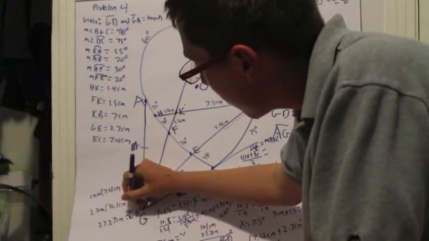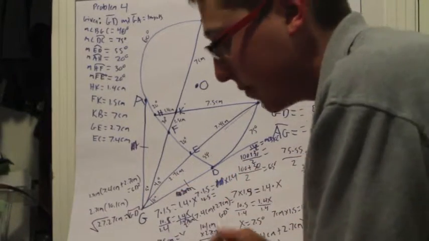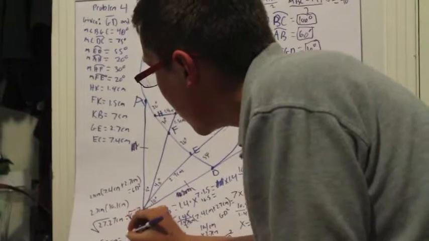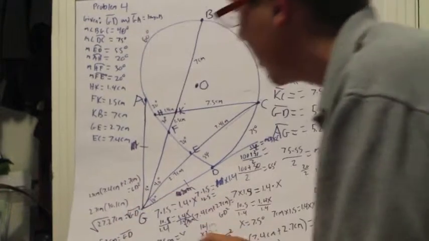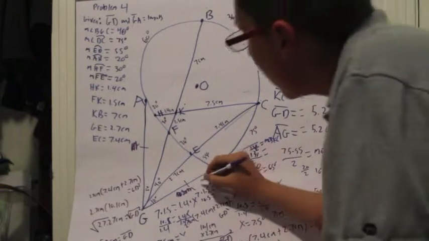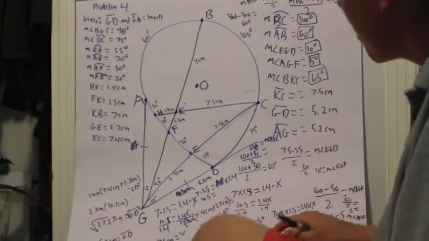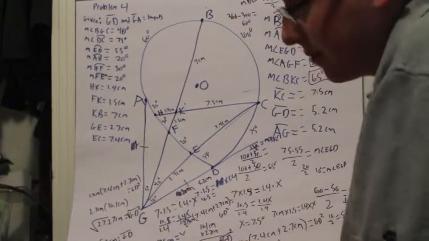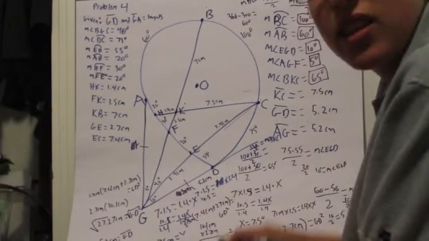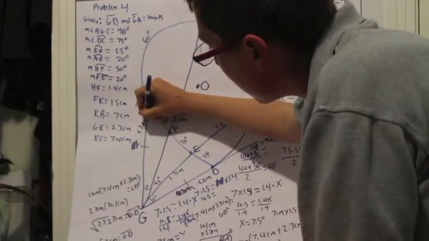And so we square root this in order to get just this tangent alone. By doing this, we get 5.2 centimeters equals GD, the segment GD. So by knowing that GD is 5.2 centimeters, we can figure out AG, since these are tangents, they are congruent. So AG will also be 5.2 centimeters.